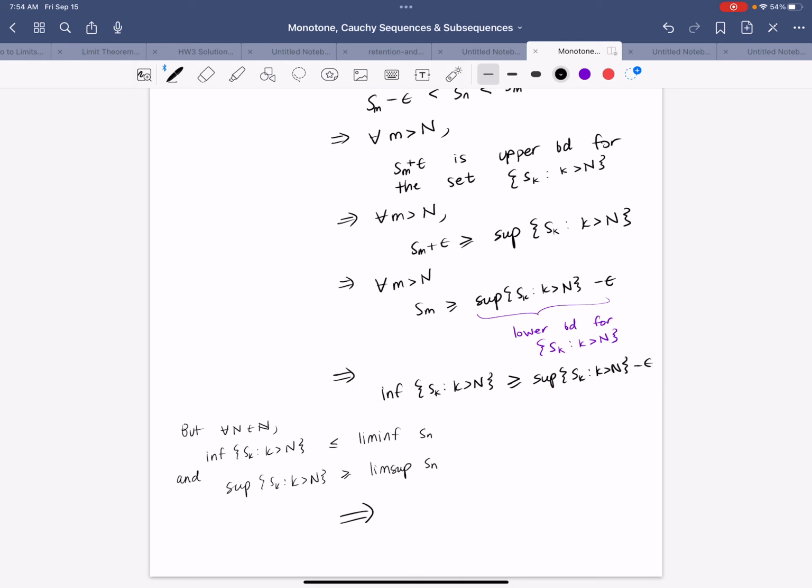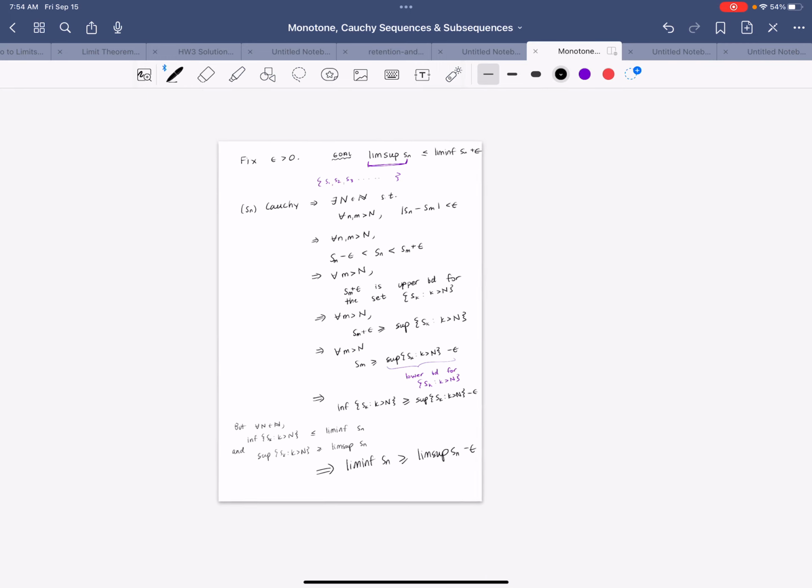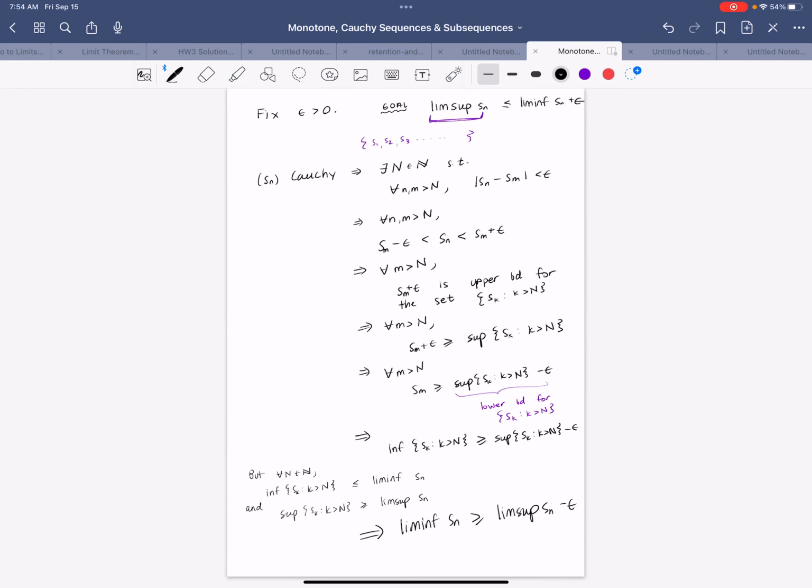So we'll have lim inf of Sn bigger than or equal to lim sup of Sn minus epsilon. And that's what we wanted to show, right? Remember, our goal was to say that if you give me any epsilon, I'll show you that lim sup is less than or equal to lim inf plus epsilon. I've done that here, right? So that means lim sup has to be less than or equal to lim inf.